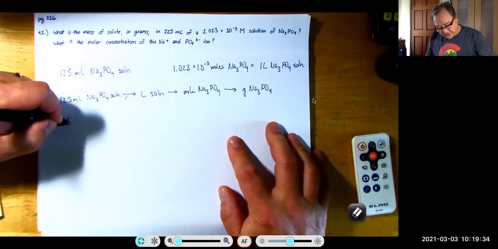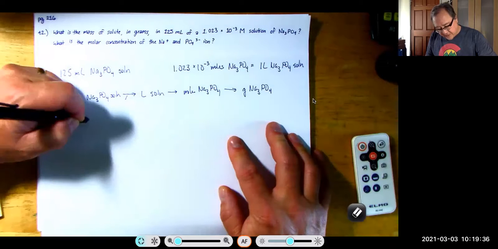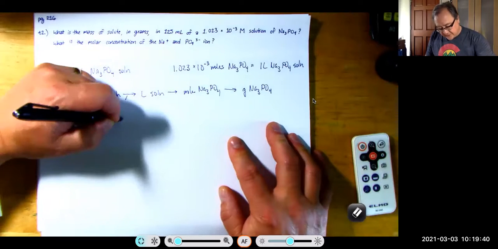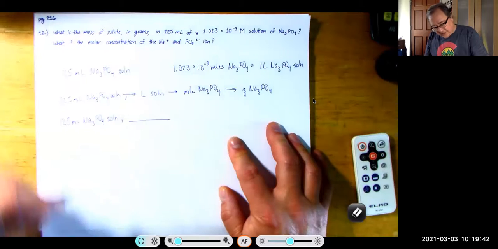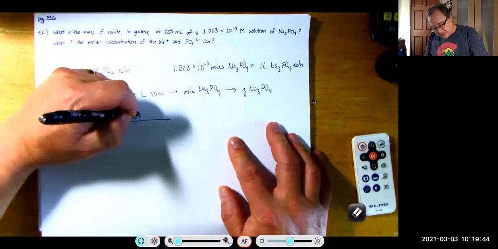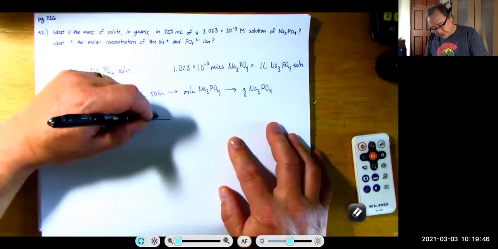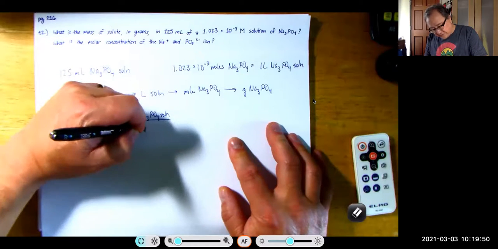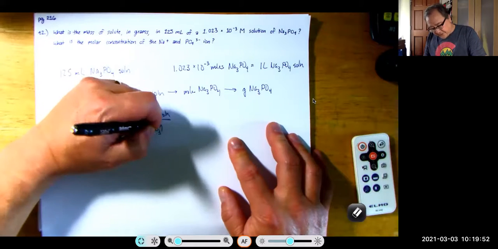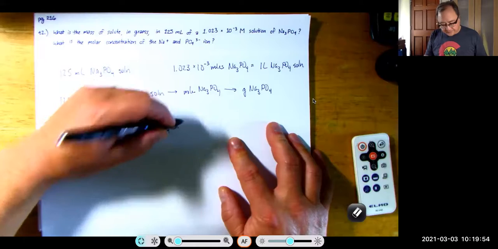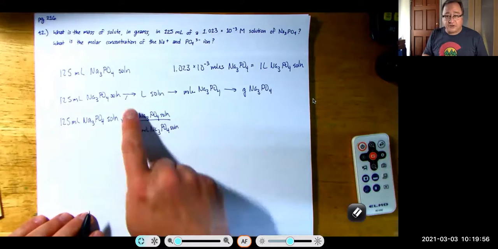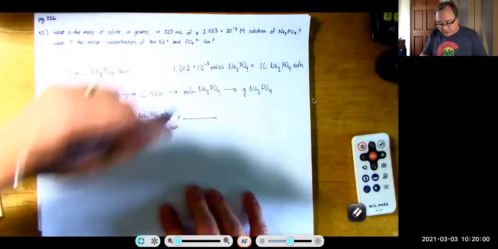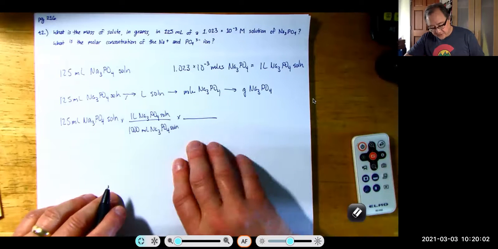125 milliliters of sodium phosphate solution times 1 liter of sodium phosphate solution per 1,000 milliliters of sodium phosphate solution. So that's the first conversion. The second conversion, we use the concentration.